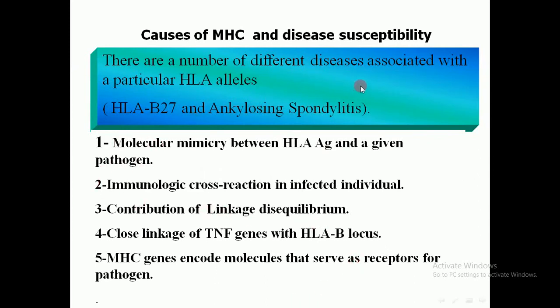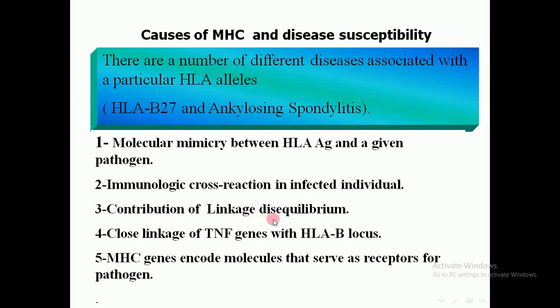There are a number of different diseases associated with particular HLA alleles. As we said previously, HLA-B27 with ankylosing spondylitis, and B5 with Behçet disease. And why do these associations occur between the HLA alleles and these diseases? First, molecular mimicry between HLA antigen and a given pathogen. So the immune system, instead of attacking the pathogen, will attack the HLA antigen. Second, immunologic cross-reaction in infected individuals.